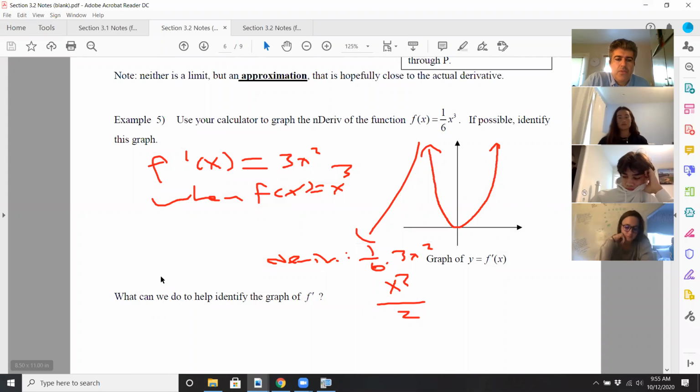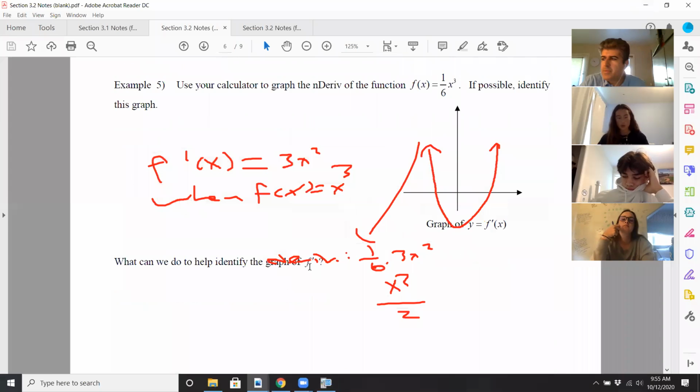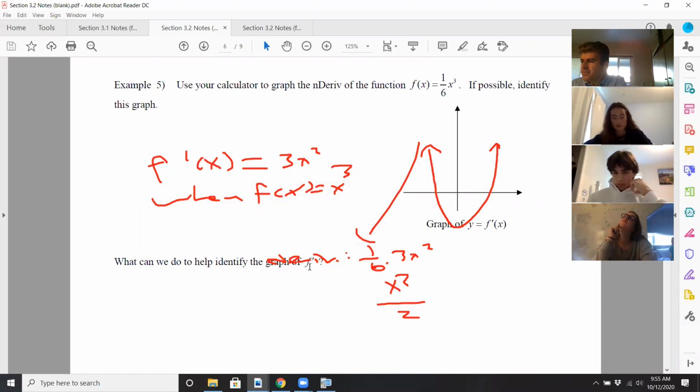Now, what can we do to help identify the graph of f prime? So let's move on to the next page. Just give me 1 sec here. I need to pull my filled out notes. Sometimes I forget other annotations I need to tell you guys. Calculus AB, lecture notes, filled out, 3.2.